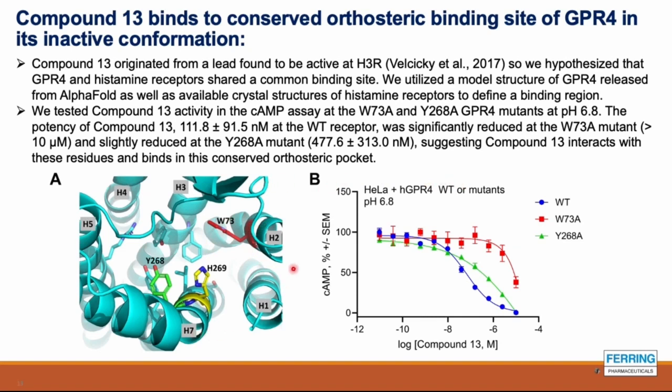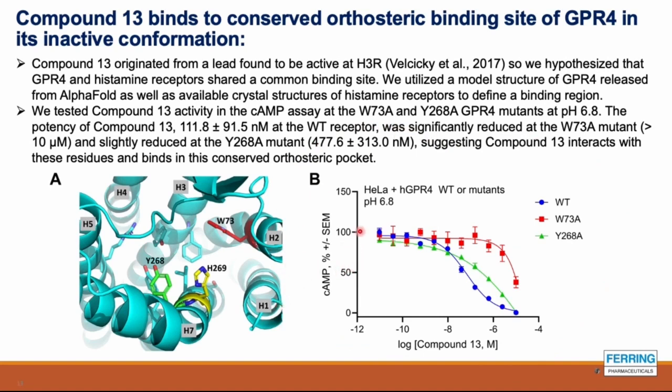Some of those mutations led to non-functional receptors, so that we could not profile compound 13 for those, but several of them were active with a similar pH 50 as wild type, including tryptophan 73 and tyrosine 269. So we were able to profile the potency of compound 13 at those receptors.